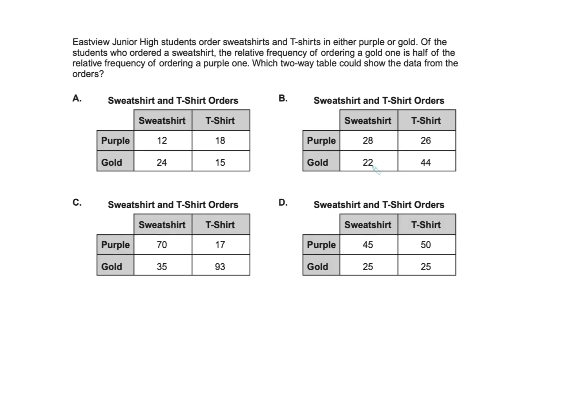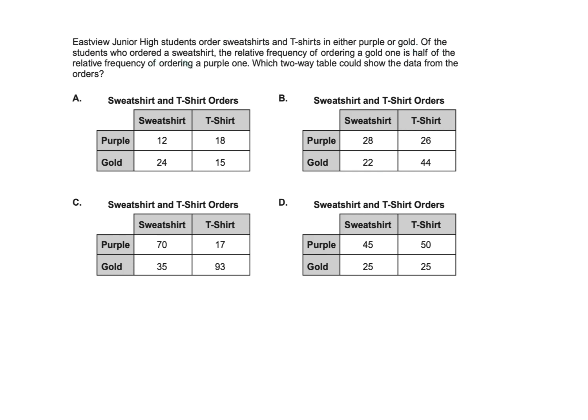Okay, the last one. I tried really hard to find a relative frequency problem. I could not. That's why this video is so late. I was looking all over the place for a problem that just said relative frequency. However, I was happy to come across this problem, which is also a two-way table. Eastview Junior High students ordered sweatshirts and t-shirts in either purple or gold.